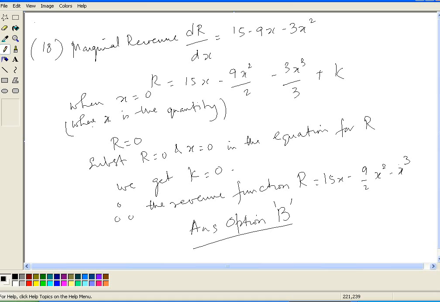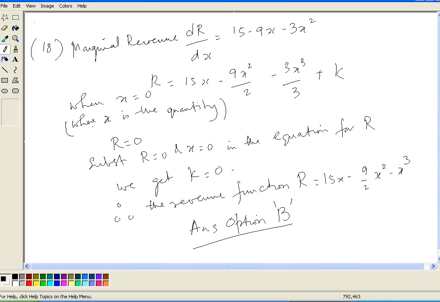Now when x is equal to 0, where x is the quantity, our revenue R will become 0. That is, no quantity, no revenue. So substituting R equals 0 and x equals 0 in the equation for R, we get k as 0. So therefore the revenue function R is equal to 15x minus 9 by 2 x squared minus x cubed.